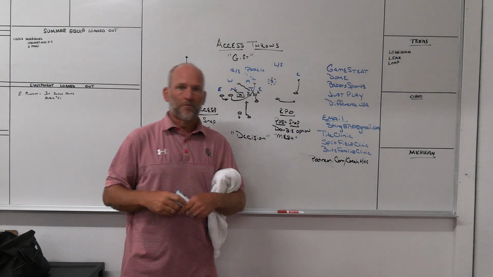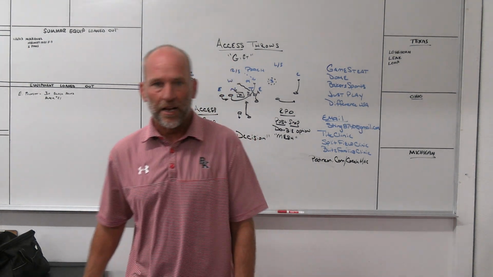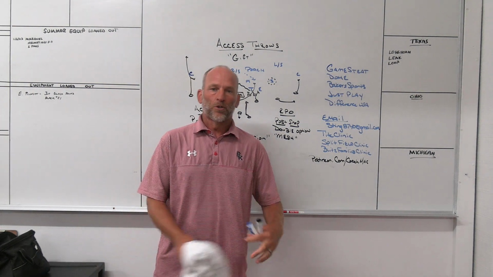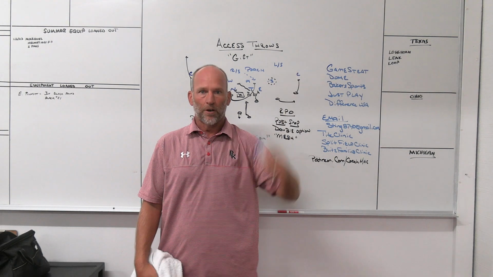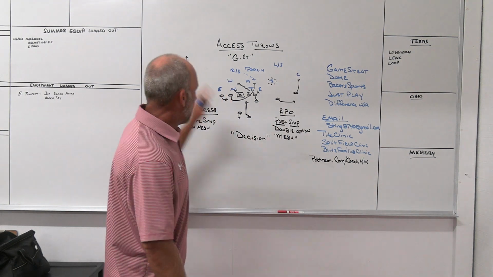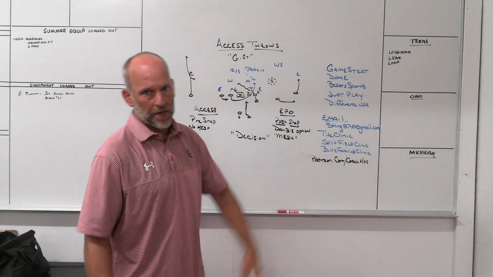Now, we're not talking about converting on the fly. That's not what we're talking about. What we're talking about is if you get pressed, and you know it's pressed, you're running the go route. If you get off coverage and you know it's off coverage, you're running the hitch route.